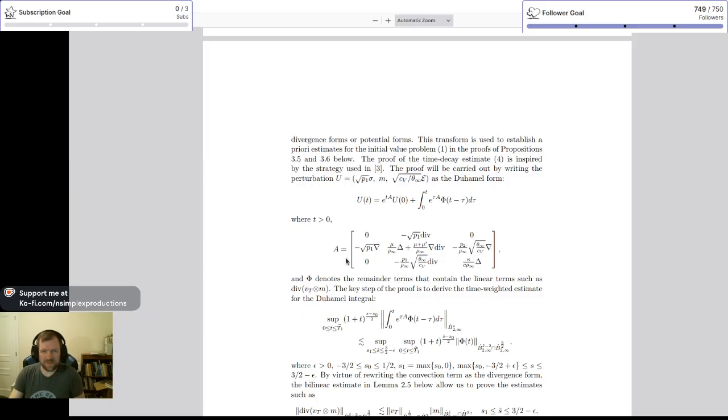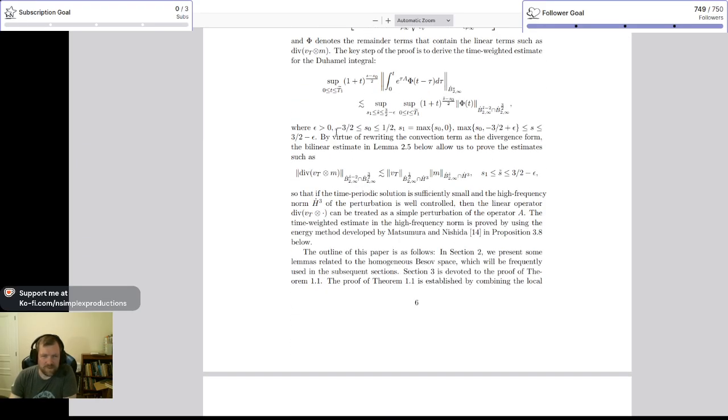Where t is greater than 0, A is this big giant matrix here. Phi denotes the remainder terms that contain linear terms such as the following. The key step of the proof is to derive a time-weighted estimate for the Duhamel integral using the supremum of this stuff.